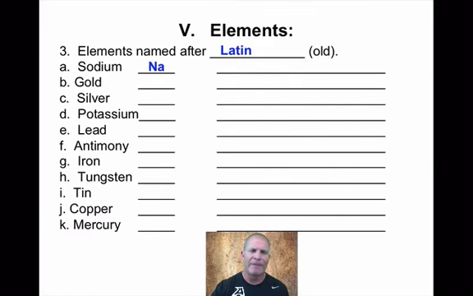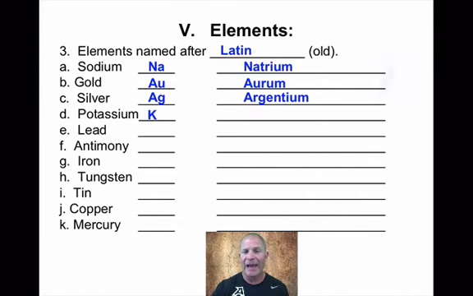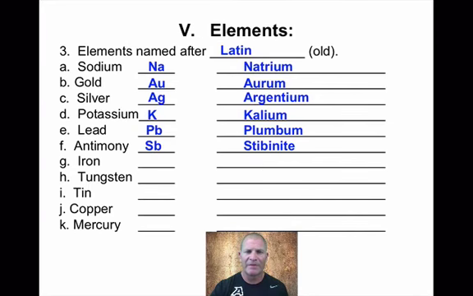Sodium is Na, and Na is not anywhere within sodium. Where do they get it? It's from the Latin, natrium. Gold, Au, from aurum. Silver, Ag, from argentum. Potassium, K, from kalium. Lead, Pb, from plumbum, and we talk about this in class as a root for plumbing. Antimony, Sb, stibium.